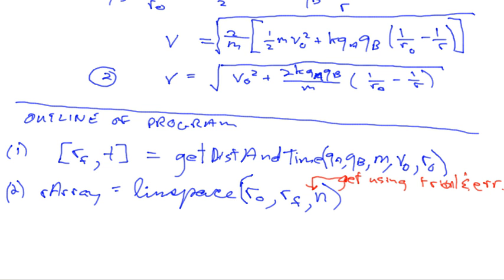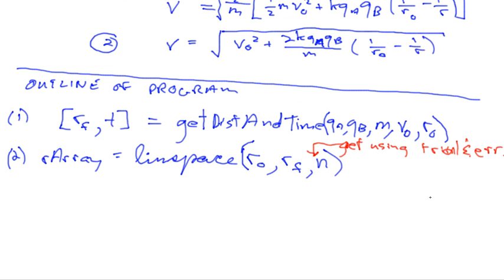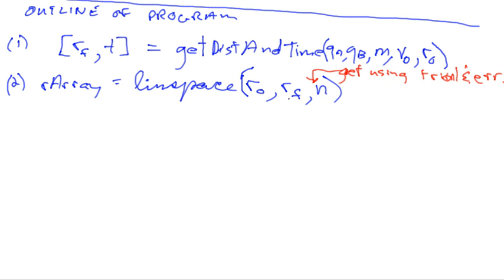Alright. Now, this represents n different points in space. Well, actually, it's going to be n minus 1 points in space.